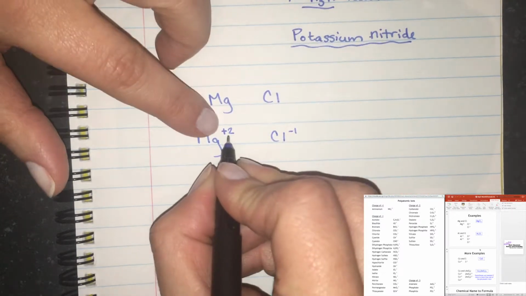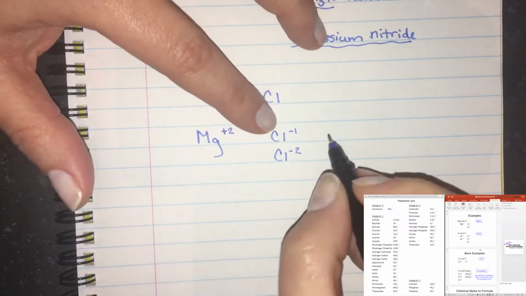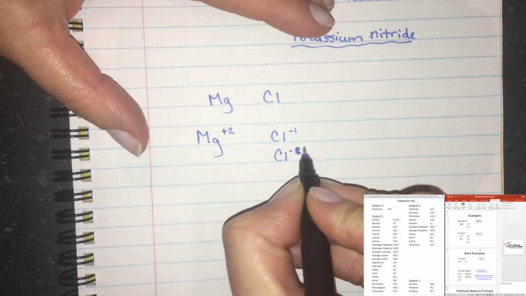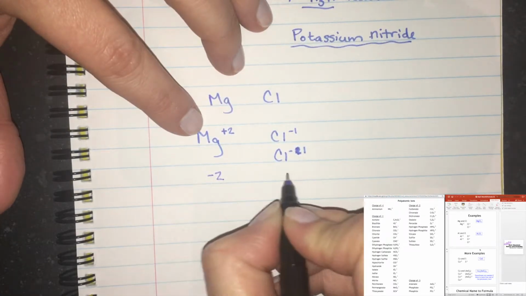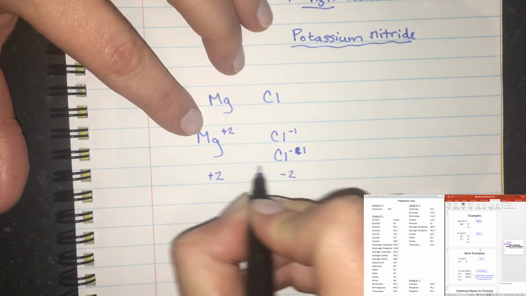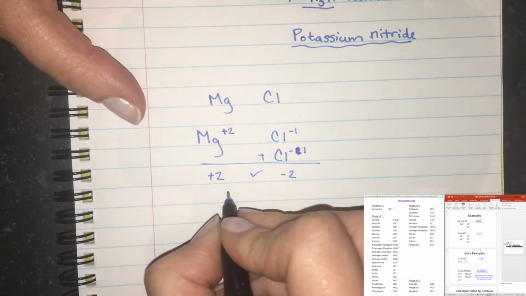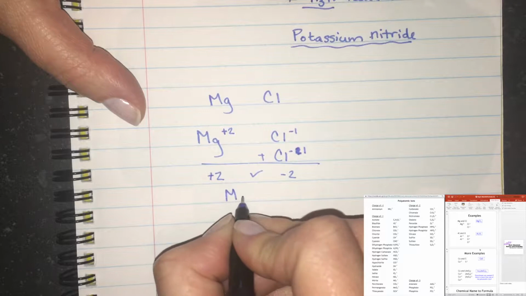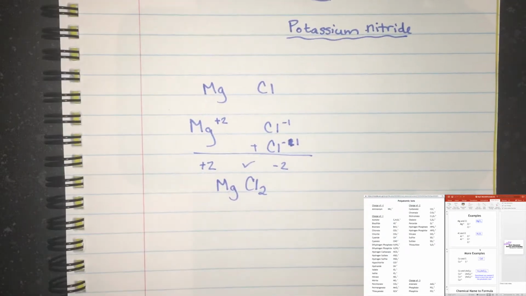You have +2, so you would need -2. So Cl -1, and you add another, and then the +2 and -2 cancel out, so you have 1 magnesium and 2 chlorines. That's how the PowerPoint teaches you, and that's fine.